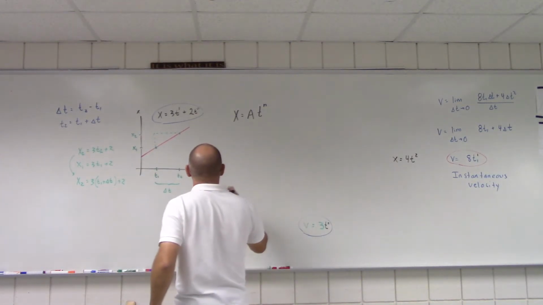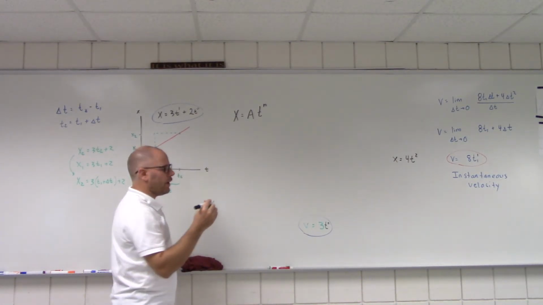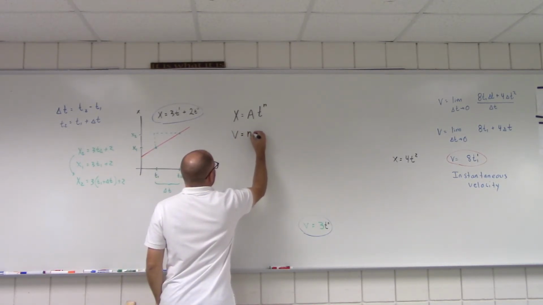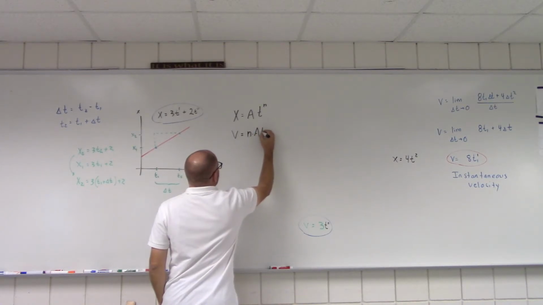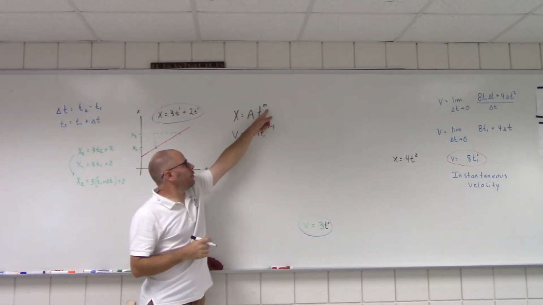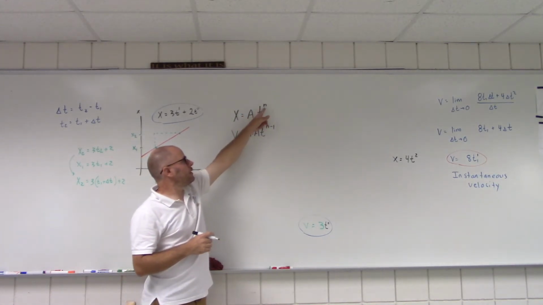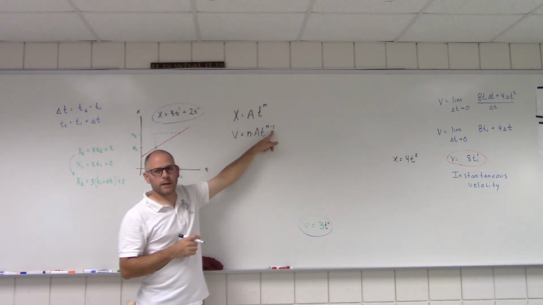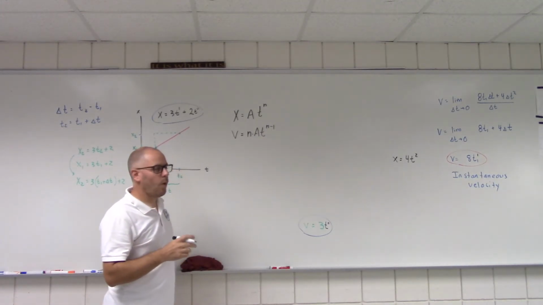So let's see if this works. What if the velocity function is the original coefficient times the original exponent, and then the new exponent is the original one minus 1. So what are the steps here?